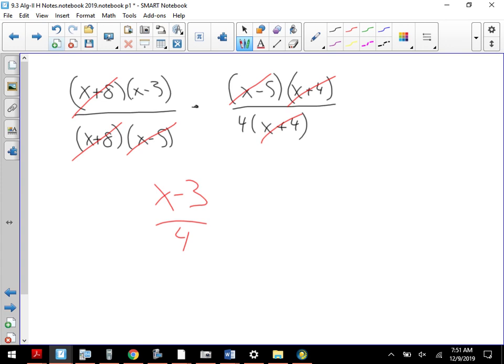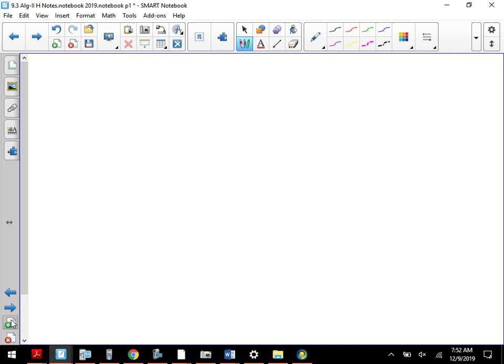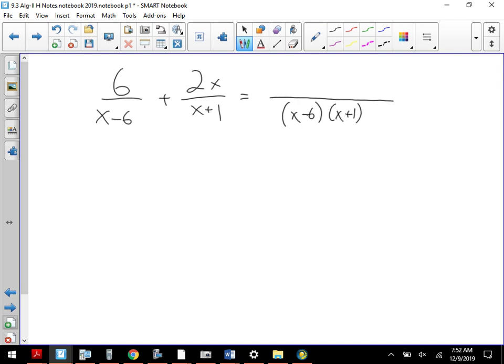Which one? 6? So in this case here, to get the common denominator, guys, you're just putting the two parts together. So you know it's going to have to equal x minus 6, x plus 1, in the denominator.